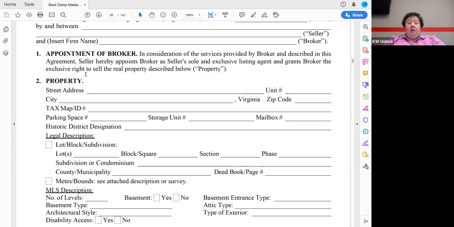Okay, so make sure you always have the tax map or ID number here. And when it comes to parking spaces and storage units, these two things pertain only to condominium places where a parking spot or storage unit is deeded with the unit.